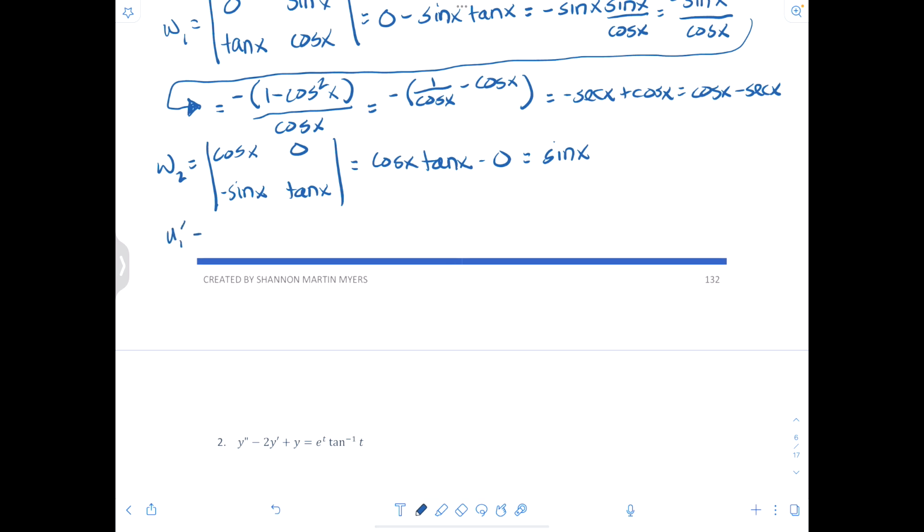Awesome. All right, so u1 prime is w1 over w. Remember, w was just 1, so it's going to be cosine x minus secant x over 1, which is cosine x minus secant x.